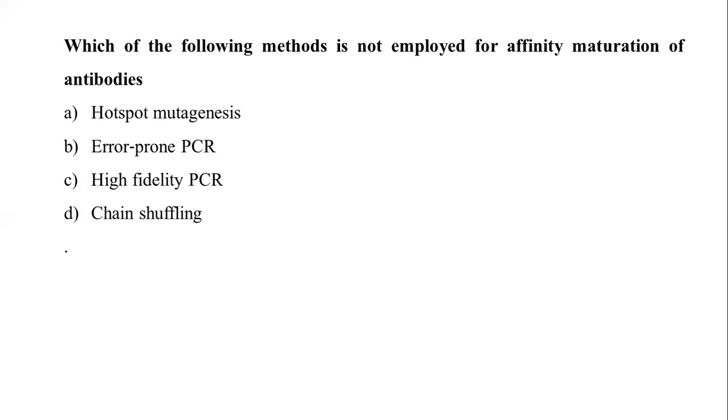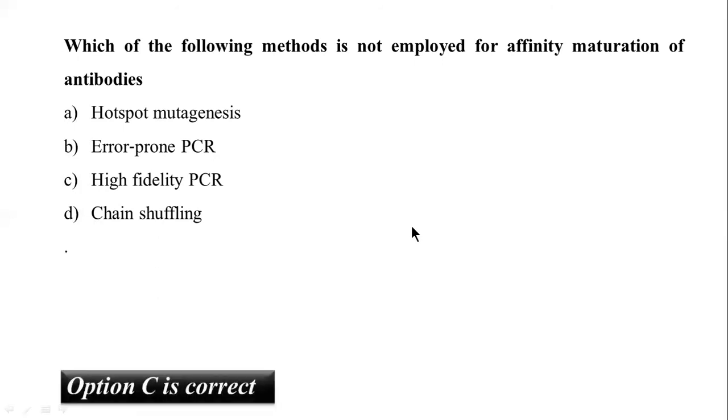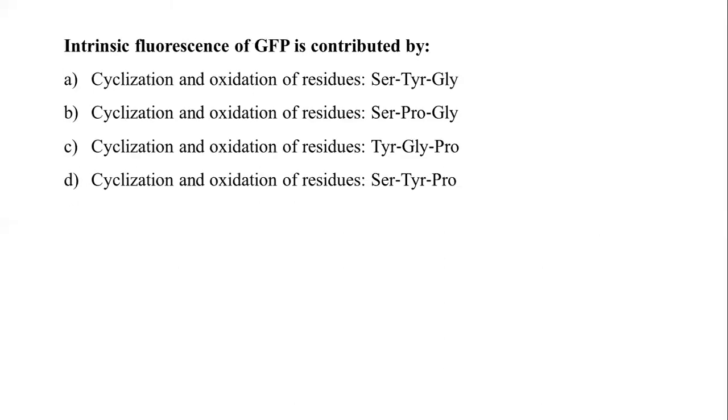So the random mutations inside the CDR are introduced using radiation, chemical mutagen, site-directed or random mutagenesis. But the error-prone PCR is a universal method for introduction of such mutation, while high-fidelity PCR conceptually cannot be used for such a purpose. So option number C, the high-fidelity PCR, is the correct option for this question.